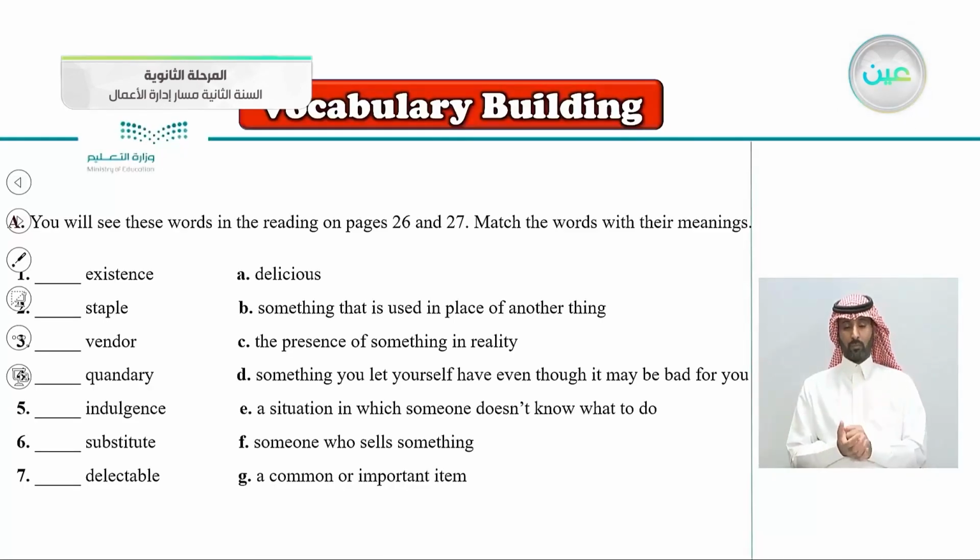Is it A, delicious, B, something that is used in place of another thing, C, the presence of something in reality, D, something you let yourself have even though it may be bad for you, E, a situation in which someone doesn't know what to do, F, someone who sells something, or is it G, a common or important item? So the correct answer here is C, the presence of something in reality.